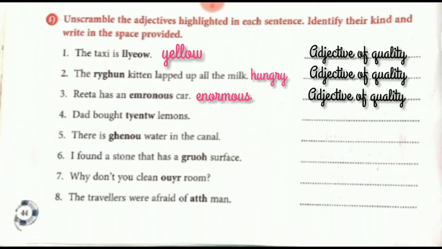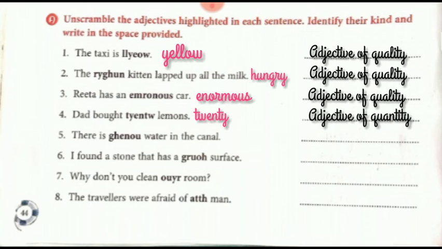Fourth one, Dad bought dash lemons. You can easily identify this word. Twenty. As I told you before, all the numbers are adjectives of quantity. So the word twenty is an adjective of quantity.